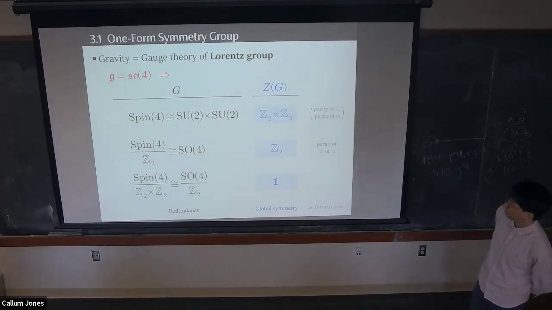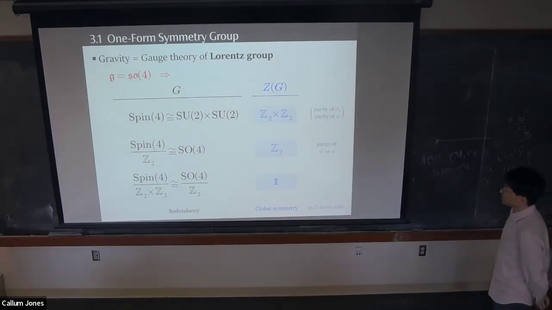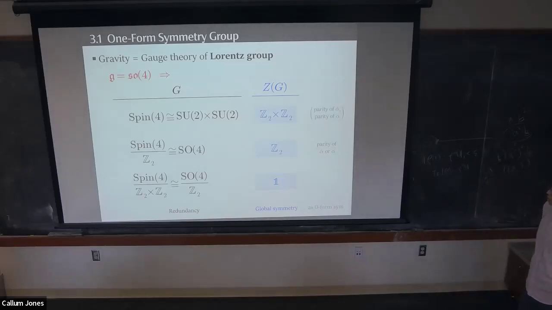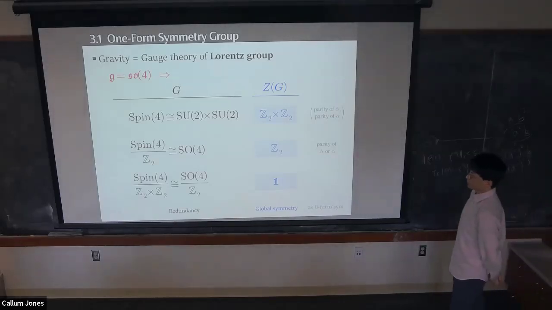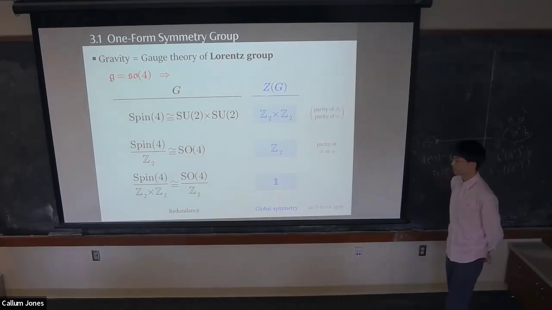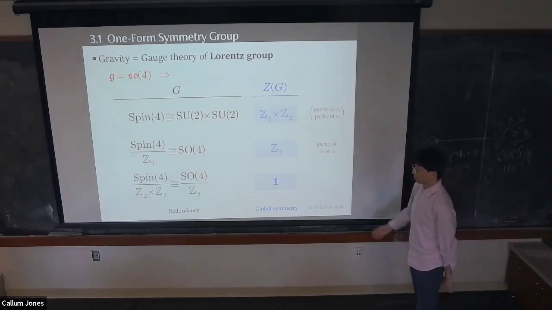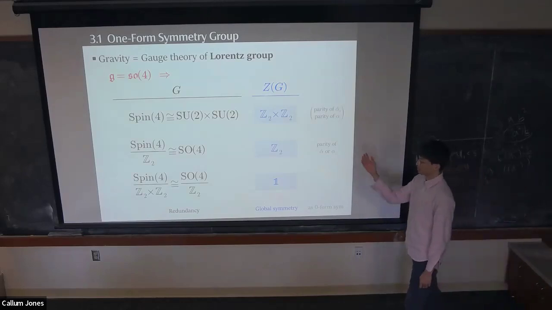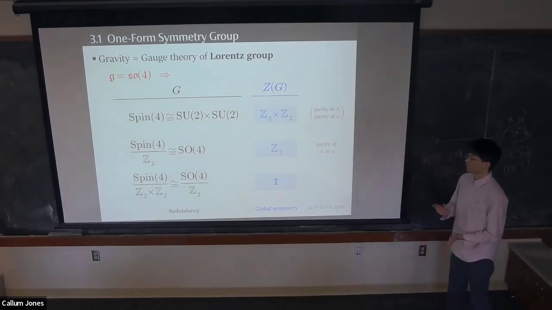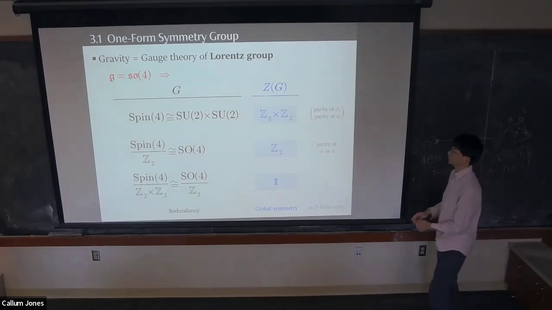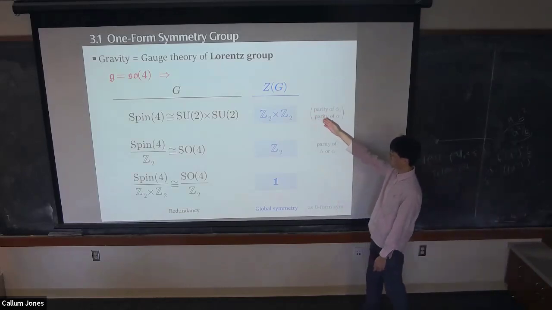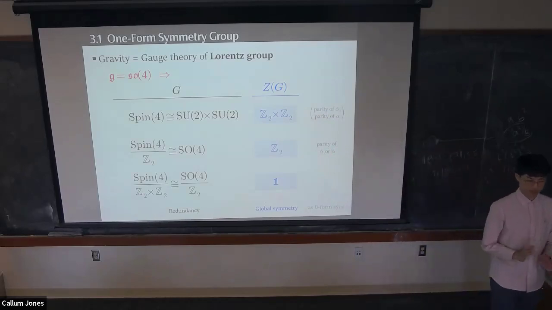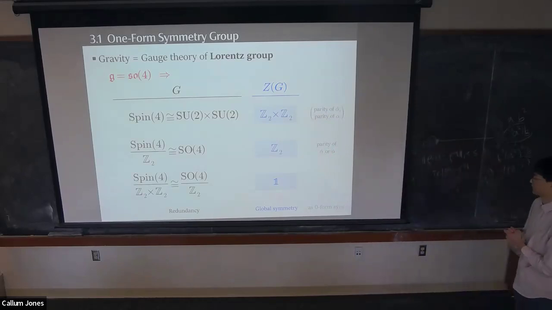With the gauge algebra being the so(4) algebra, the gauge group can be either Spin(4), which is SU(2) cross SU(2), or Spin(4) modded out by Z2, which is SO(4), and SO(4) further modded out by Z2. The corresponding center groups are given by Z2 cross Z2, or Z2, or just a trivial group with only the identity.